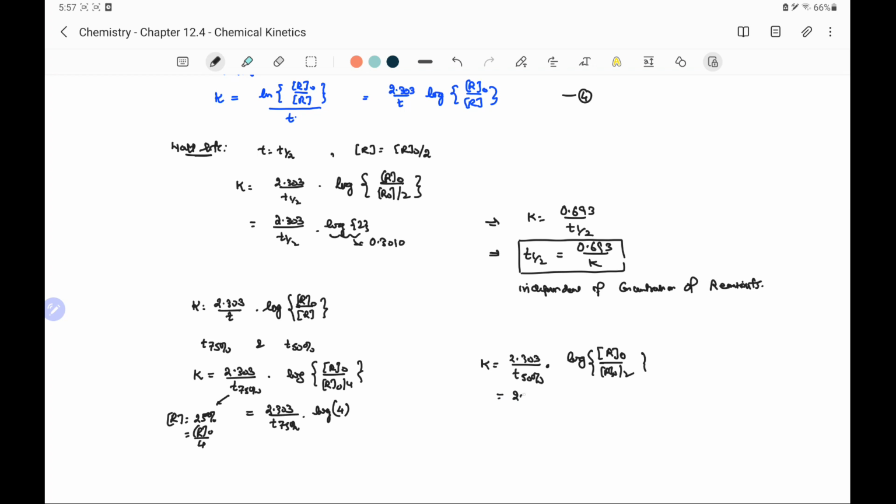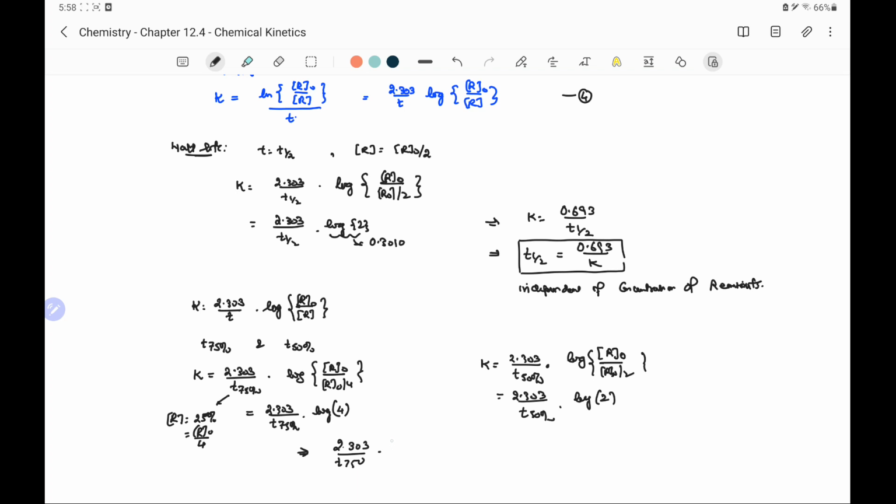So it will be equal to 2.303 by t50% into log 2. Now, comparing the equations, the left hand side has the value k, because k is the same for the reaction. This implies that the right hand side must also be equal, so we can write 2.303 by t75% into log 4.